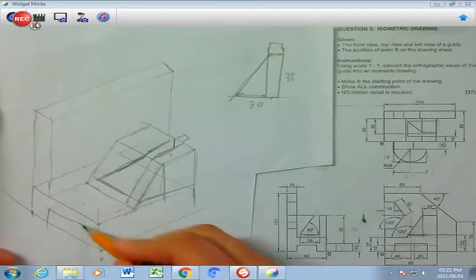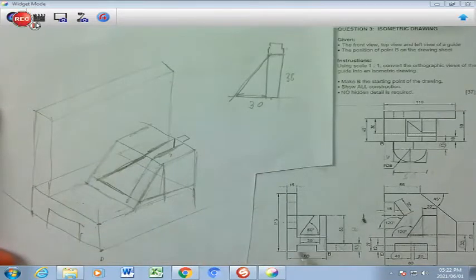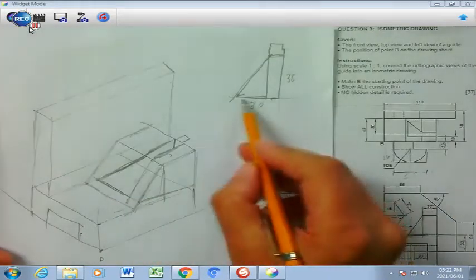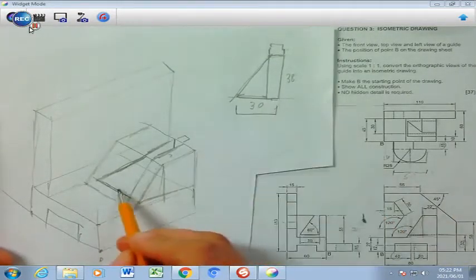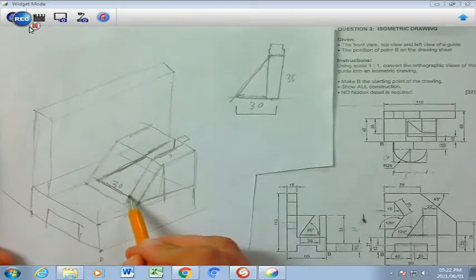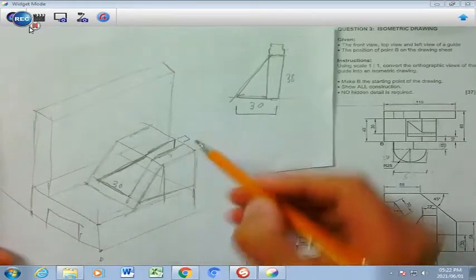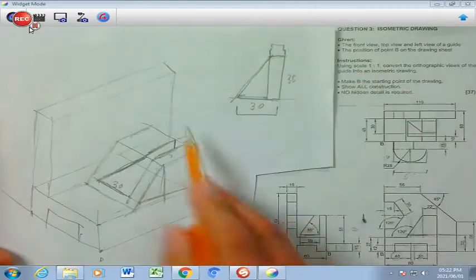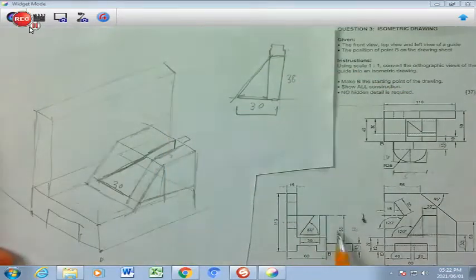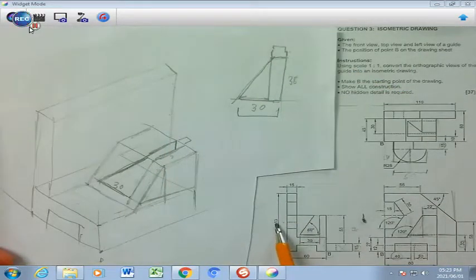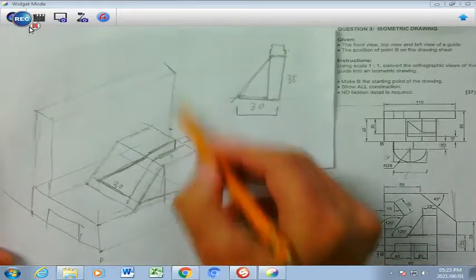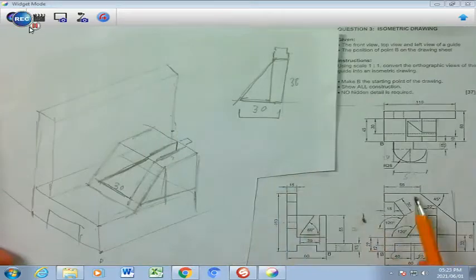Then learners, don't forget to do this part over there. The dimensions are all given to you here. Remember, this is going to be 30 from there to there, which is going to be that 30 over here, from there to there. And remember, you're going to measure down on here, which is the difference between 113 and 85, which you're going to measure down.